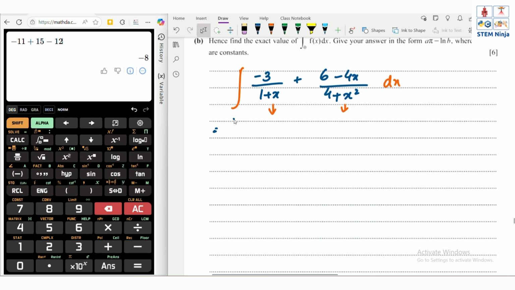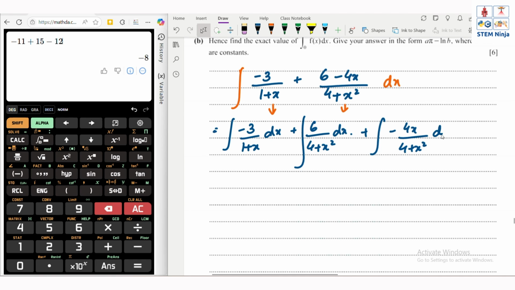So we have minus 3 over 1 plus x dx plus 6 over 4 plus x squared dx, plus minus 4x over 4 plus x squared dx.